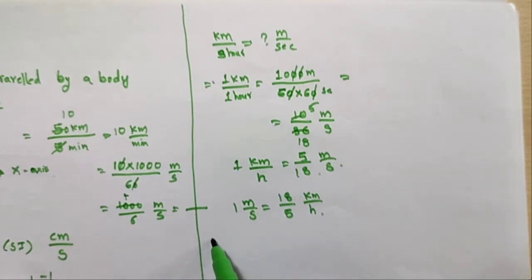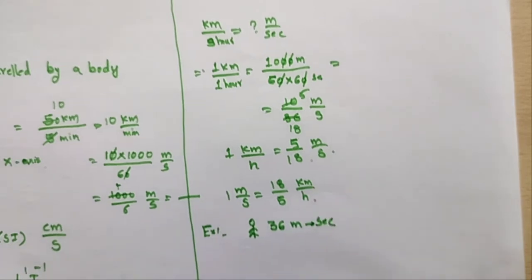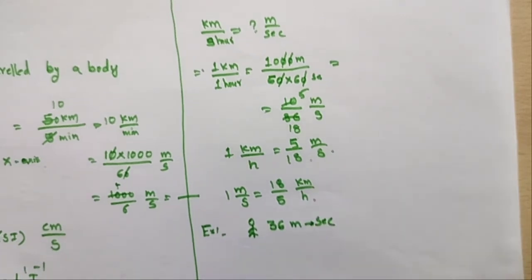Now I will take some examples. The first example: suppose a person is moving at 36 meter per second. How much is the speed in kilometer per hour?